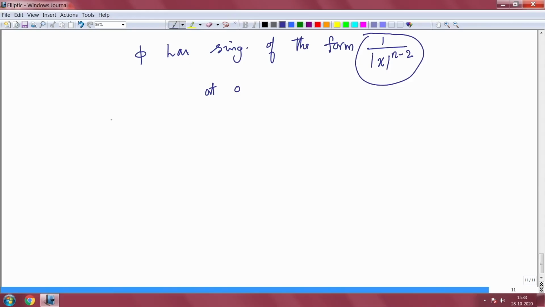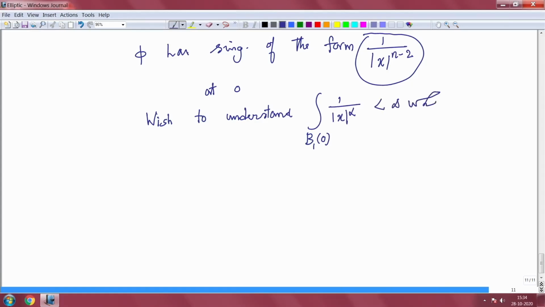So, basically you wish to understand the integral over a ball of radius 1 in a neighborhood of 0, any neighborhood. Let me take the ball of radius 1 at 0, B1(0), of 1 by mod x power alpha. When is this finite?